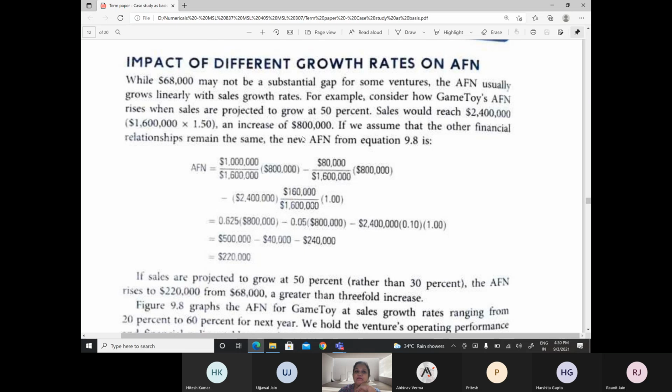Now let us look at the impact of different growth rates on the AFN. While 68,000 may not be a substantial gap for some ventures, the AFN usually grows linearly with sales growth rates. For example, consider how Game Toy's AFN rises when sales are projected to grow at 50%.